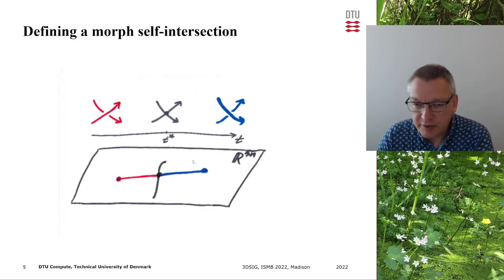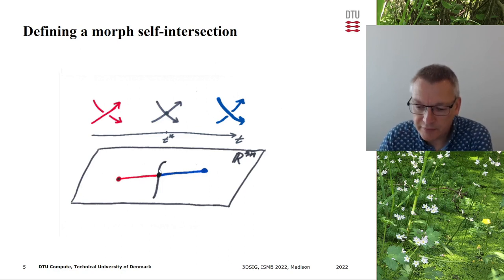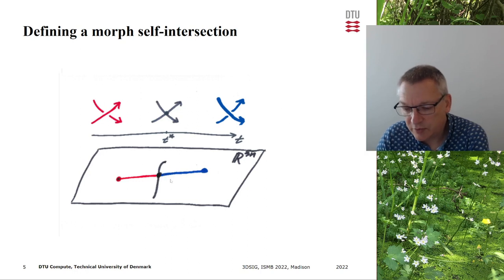Inside the configuration space, this means that there is a submanifold of self-intersecting configurations, and during the morph we pass through that, and that submanifold might actually extend quite far in the configuration space, so we try to see if it is possible sometimes to get around these self-intersecting configurations.